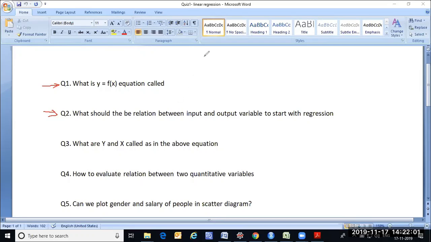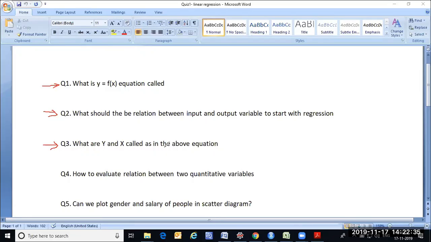Linearity is the right answer, Aditya. So the input variables need to maintain a linear relationship with the output variable to start with regression, where the data type of y has to be continuous if you'd like to start with linear regression, right?